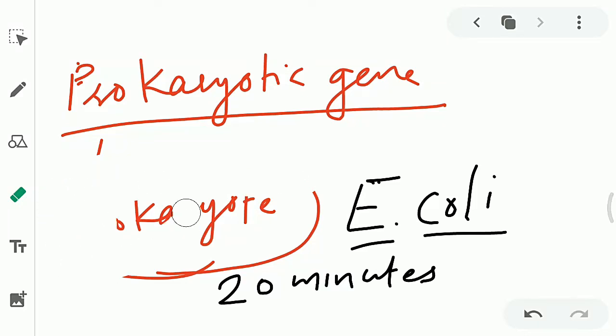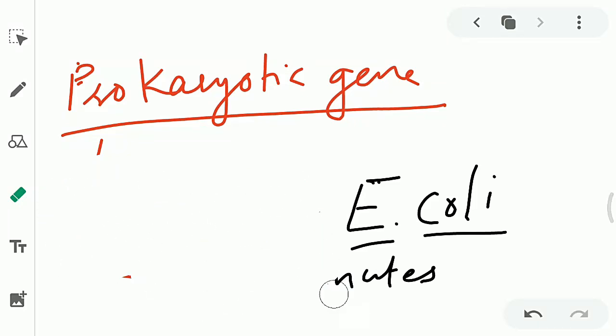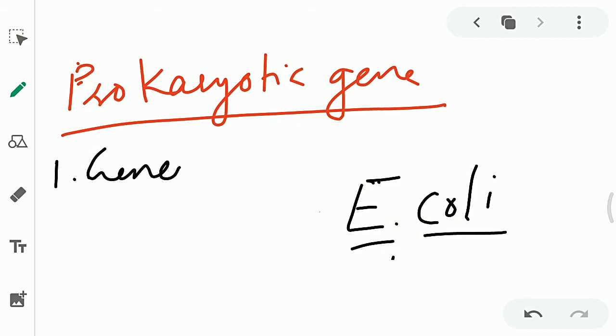And moreover, there are some characteristics which make E. coli the best suitable host. One is its genetic makeup, its genome, is extensively studied.